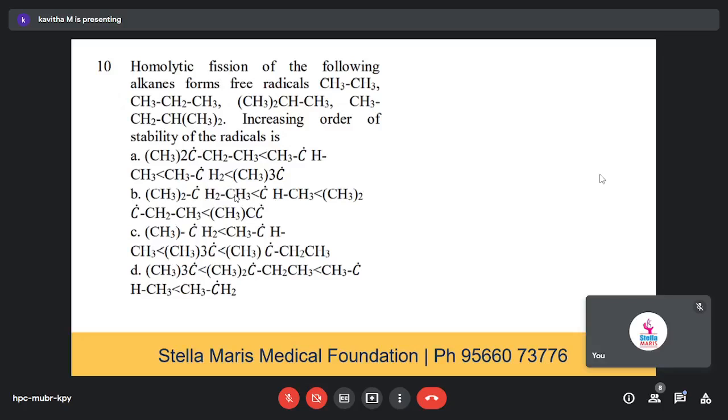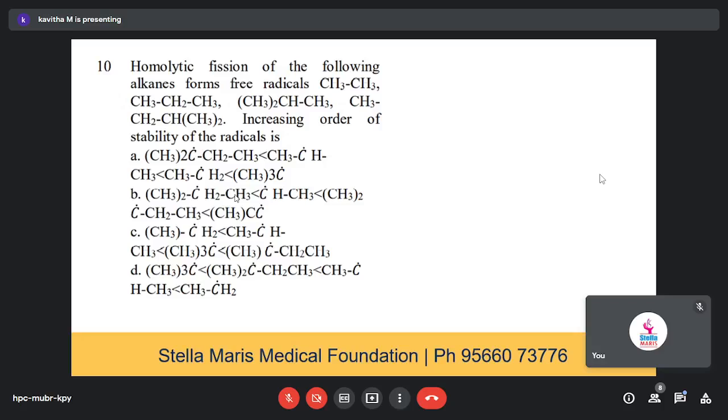Yes. Here, homolytic fission of the following alkanes forms free radicals, that is ethane, CH3CH3, propane, isobutane, and this is pentane, isopentane.